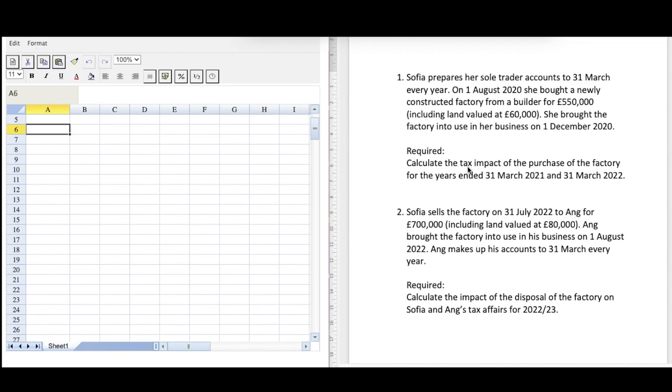This structures and buildings allowance calculation sits quite separately to the other capital allowances calculations. So it doesn't go into any general pool or any special rate pool or anything like that. It's completely separate.